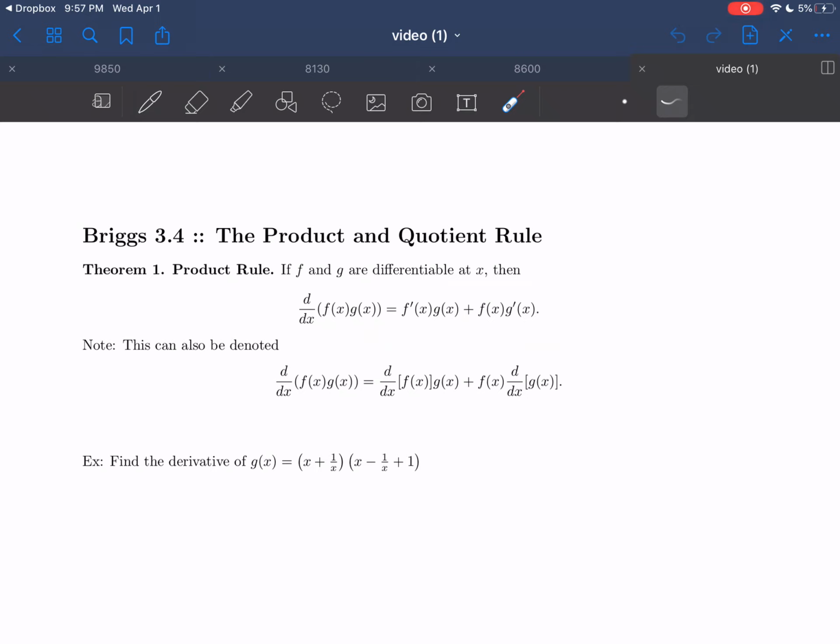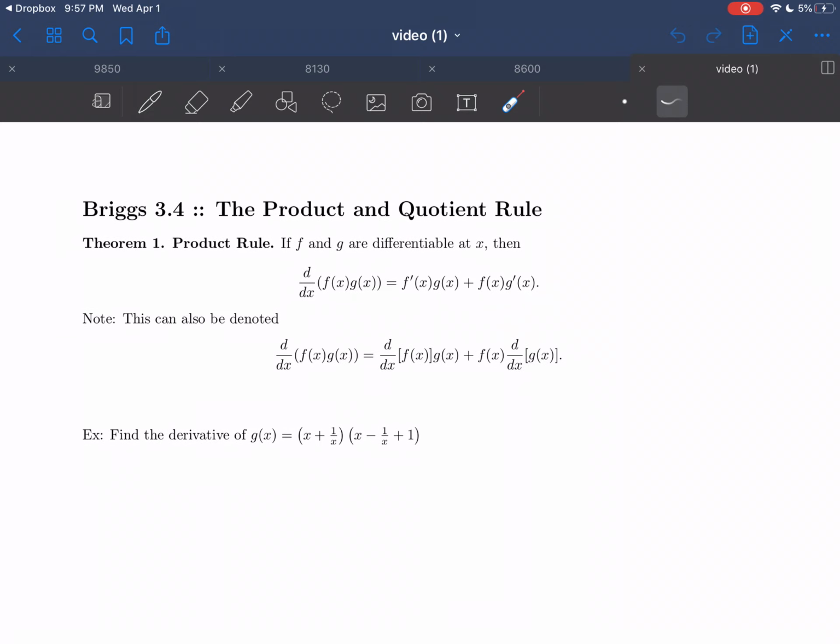However your function may be broken up, it'll be some function times another function, and you'll do the derivative of the first times the original second, plus the original first times the derivative of the second.